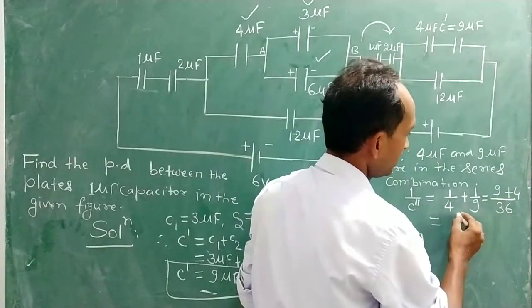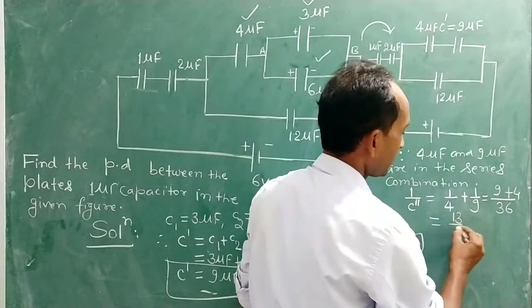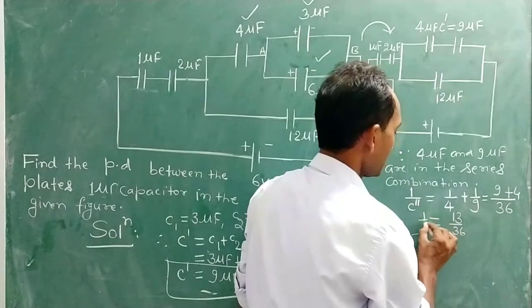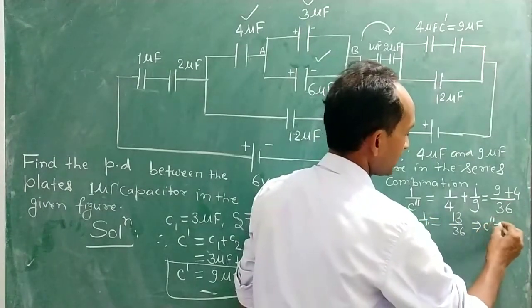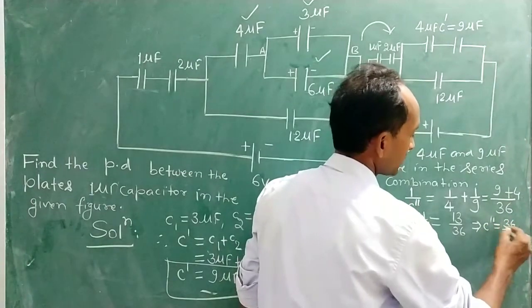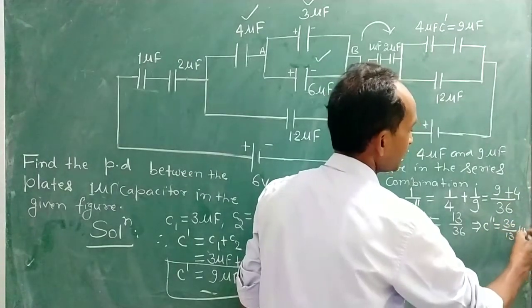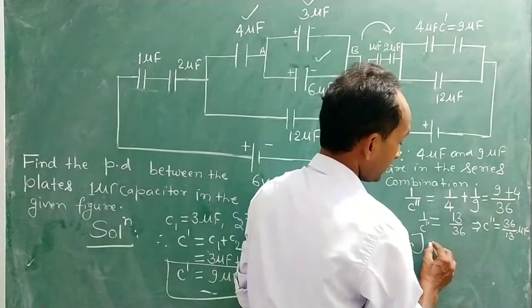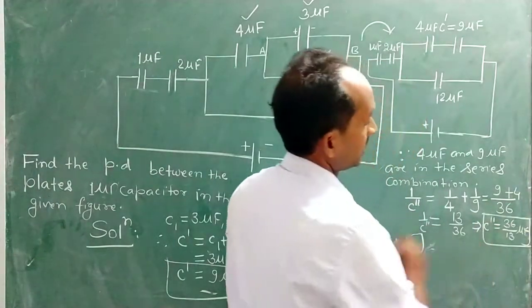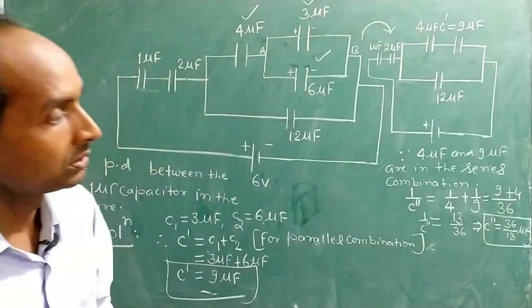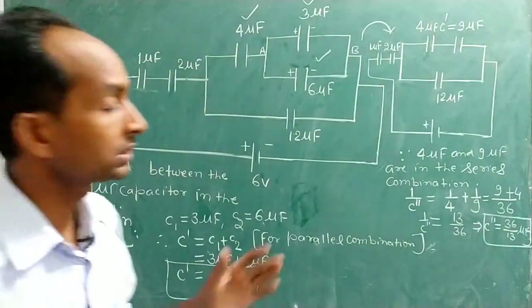This will equal 13 upon 36, that is 1 upon C double dash. This implies that C double dash equal to 36 upon 13 microfarad.